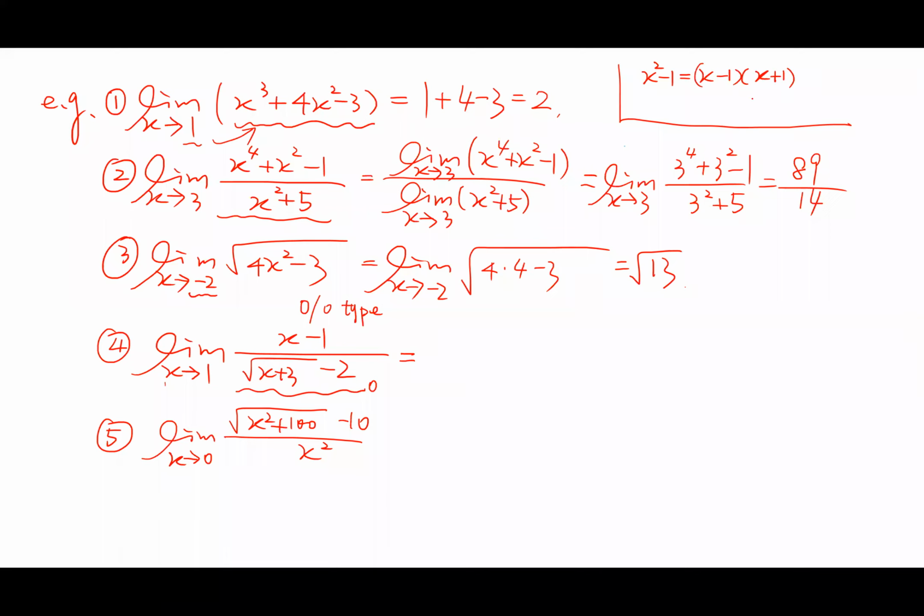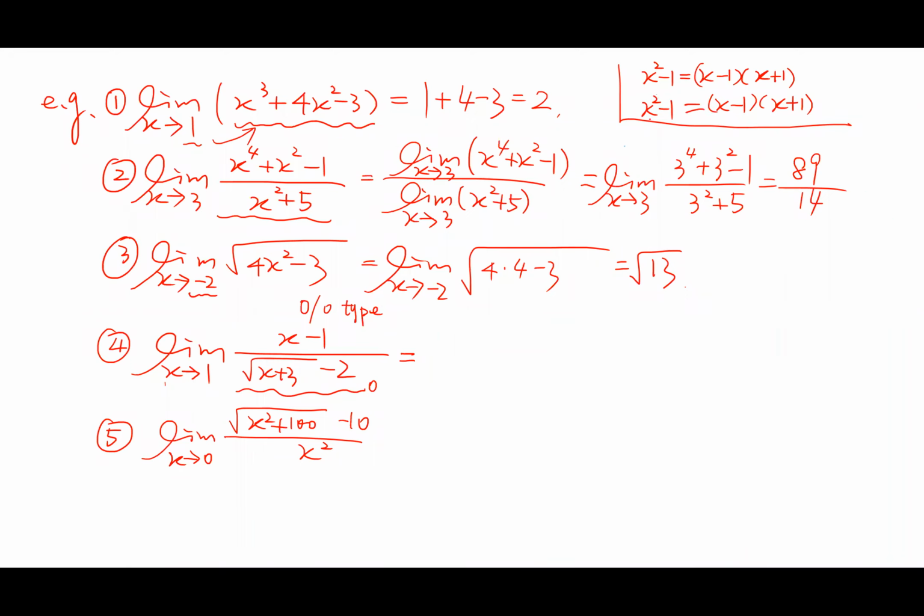And here we have to know the reverse: when I give you x minus 1, you should know we can multiply by one factor, x plus 1, to make it equal to x squared minus 1.